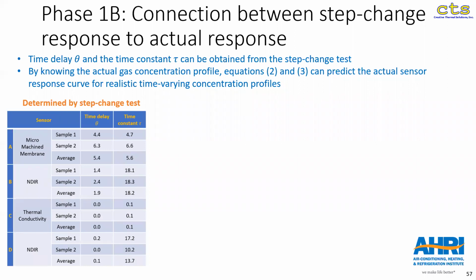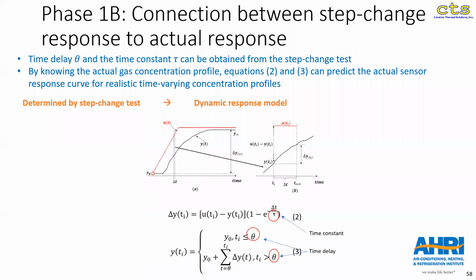You see here first on the left, we use these different samples that we had, so sensor A, B, C, D, and so forth. We use 2 different samples each to get an average value. From that, we identified the time delay until the sensor output starts and the time constant of the step response. Once we know that, next please, we go into our dynamic response modeling, and you see here in red that U of T is basically the time varying gas concentration.